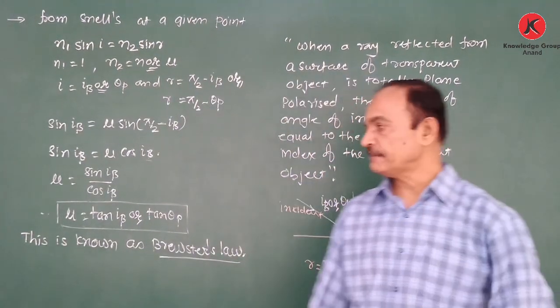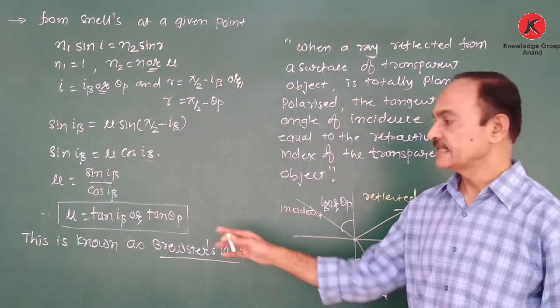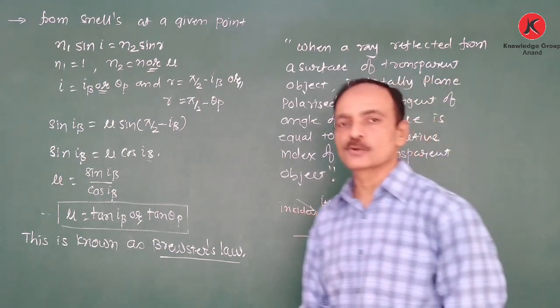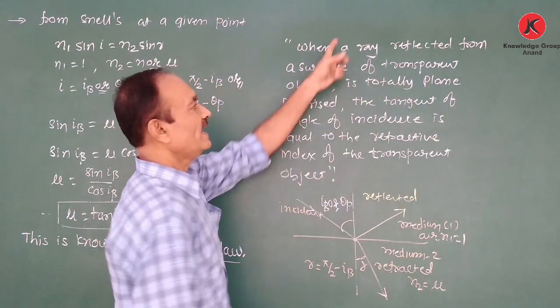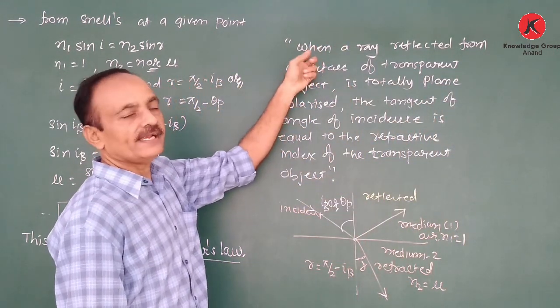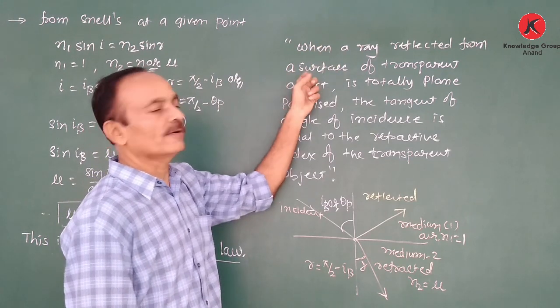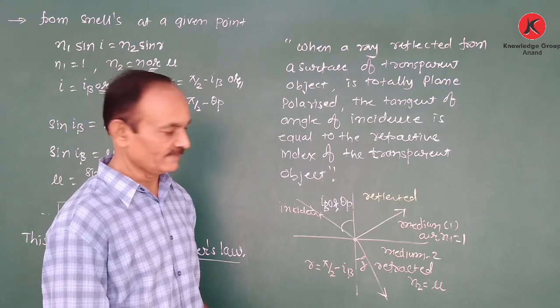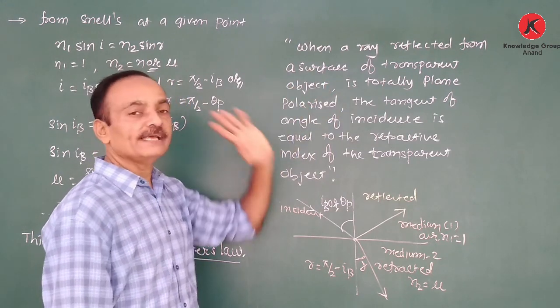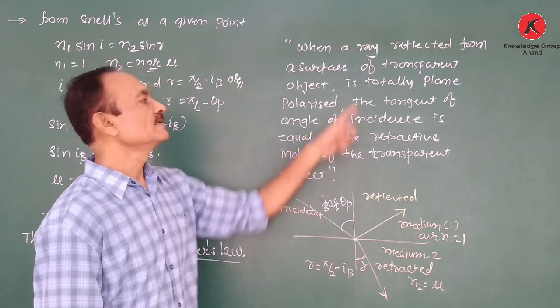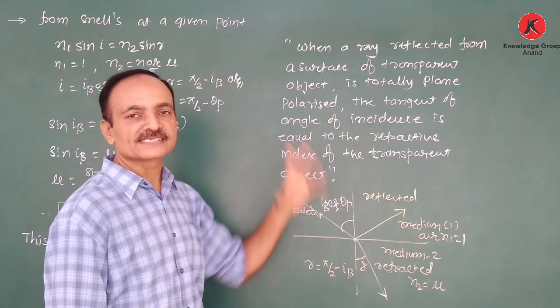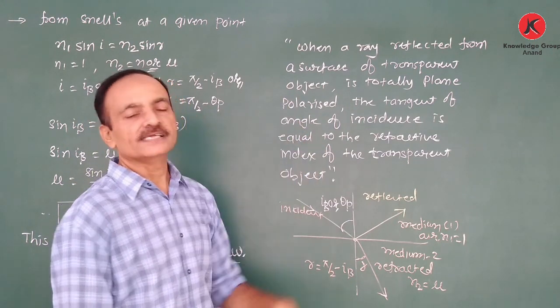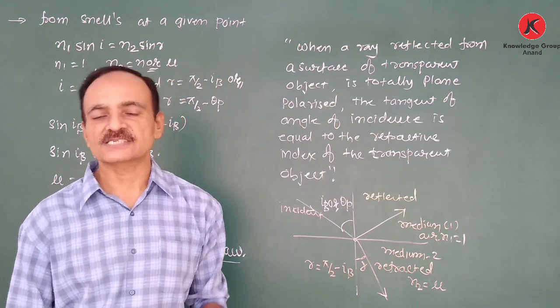Now, what is the statement of this equation, the BREWSTER'S law? When a ray reflected from the surface of a transparent object or transparent medium is totally plane polarized, the tangent of the angle of incidence is equal to the refractive index of the transparent medium.